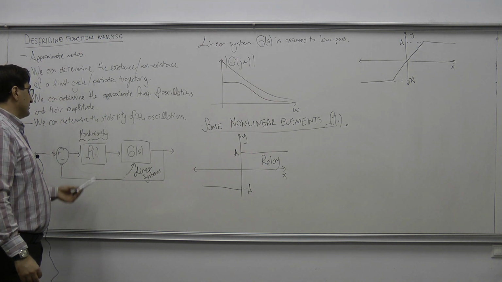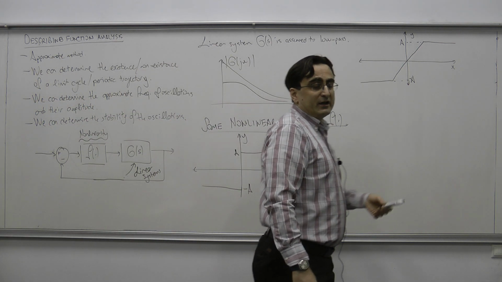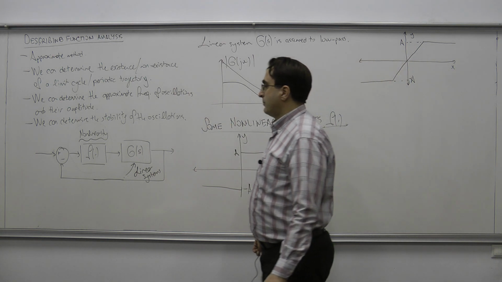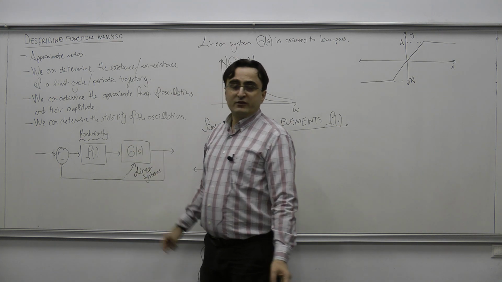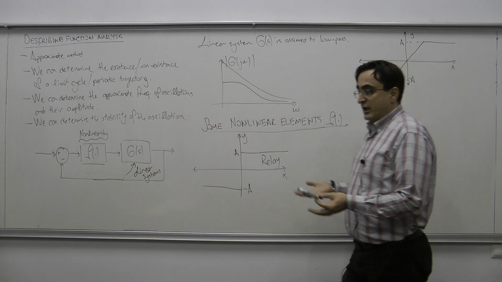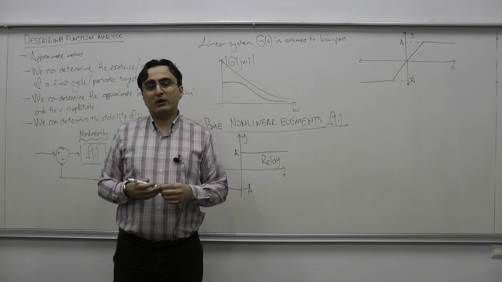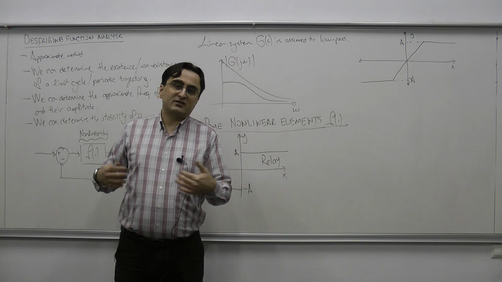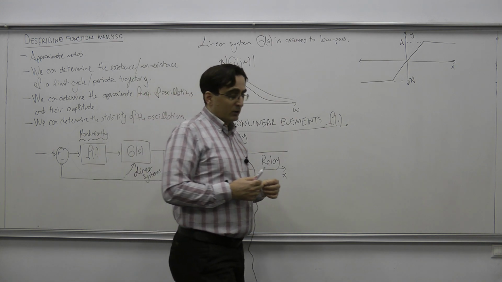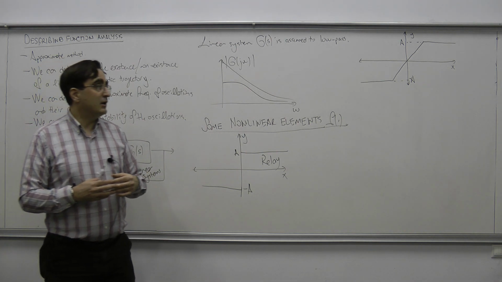So suppose that this F represents an actuator in your control system. By an actuator, I would mean an electric motor, for example, that might apply a torque input to the system that you would like to control here. In that case, electric motors always have a maximum torque allowed. Okay, so the electric motor might not supply arbitrarily large torque that you might want. There is always a limit on the torque that can be supplied by an electric motor.